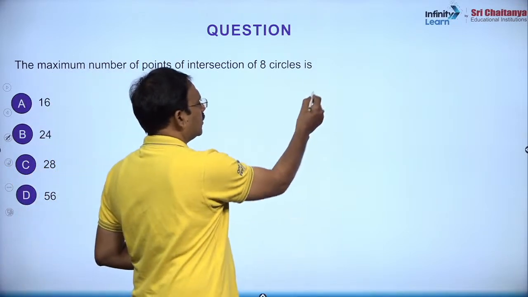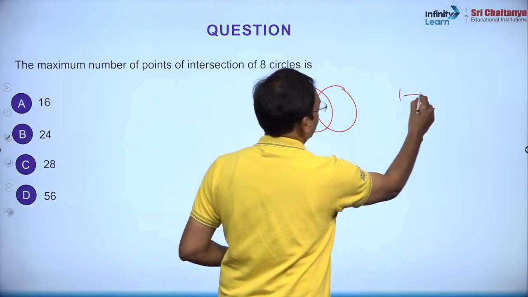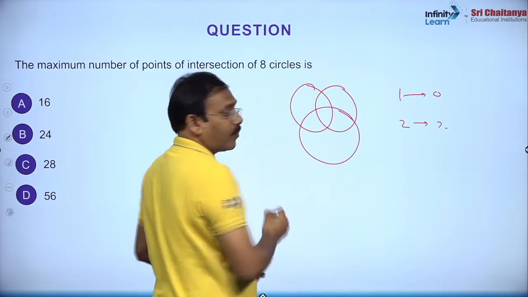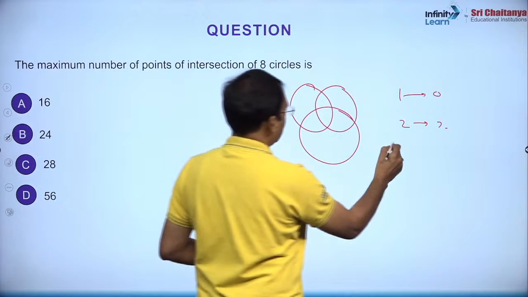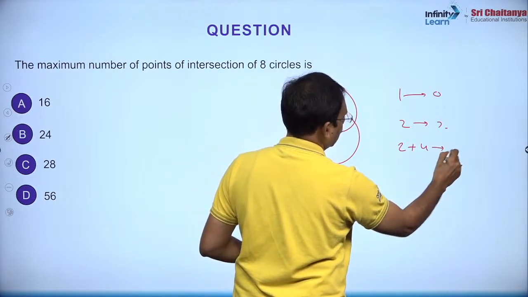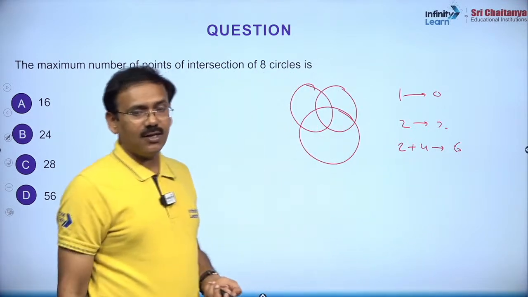If you take 1 circle you will get 0 points, 2 circles you will get 2 maximum points of intersection. Third circle, apart from earlier, we got 2 plus 4, which is 6. And if you take the third circle, which cuts all the other 3.